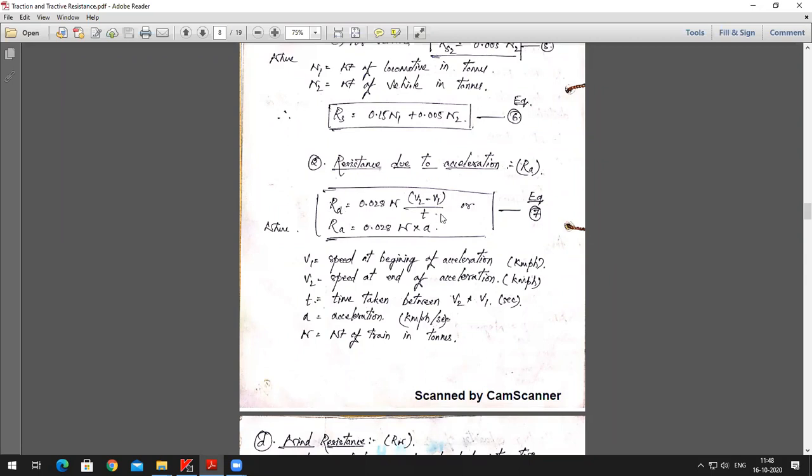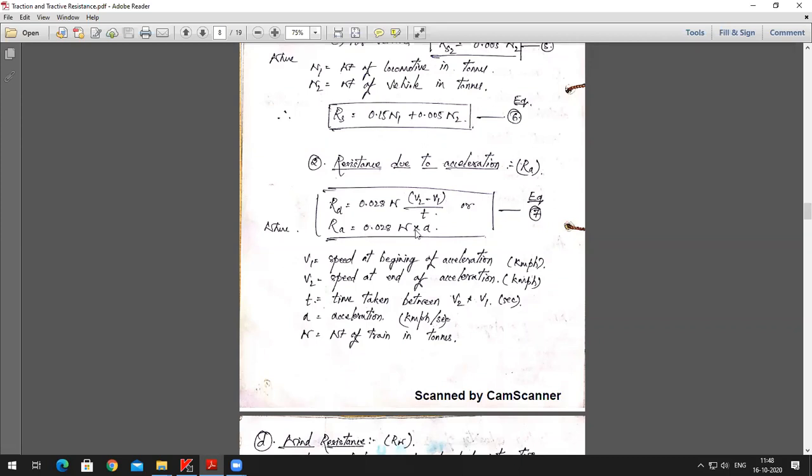Then on the other hand, in case the acceleration is given to you directly in terms of kilometers per hour per second, then the weight and acceleration would be considered, and it would be helpful for us to solve the problem. So either you can use this equation or the second equation.